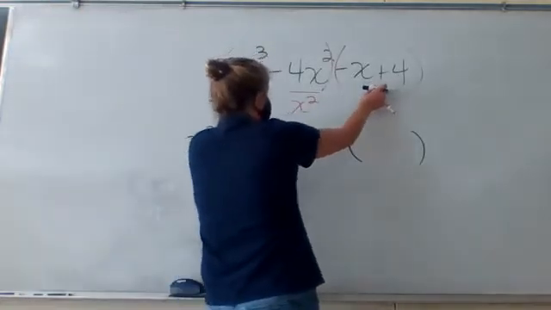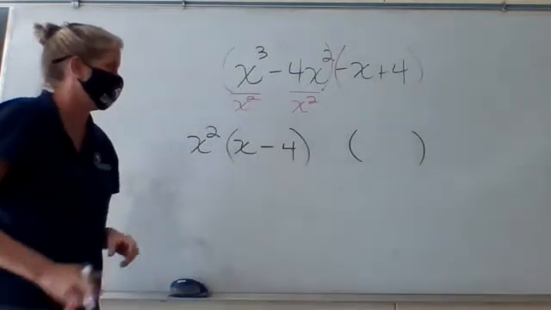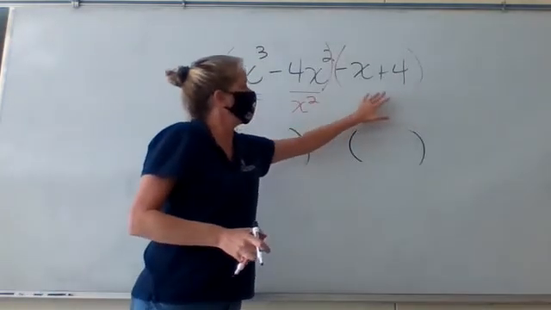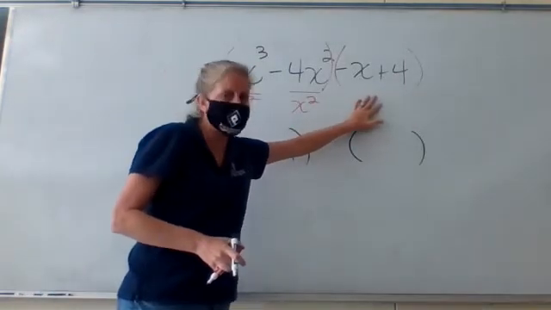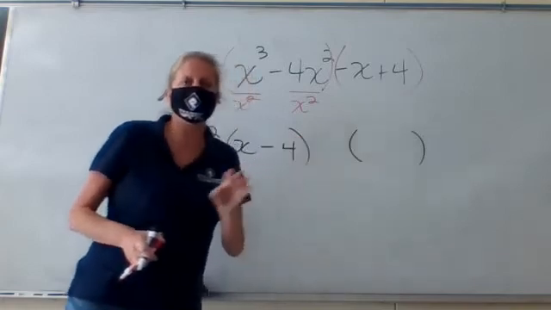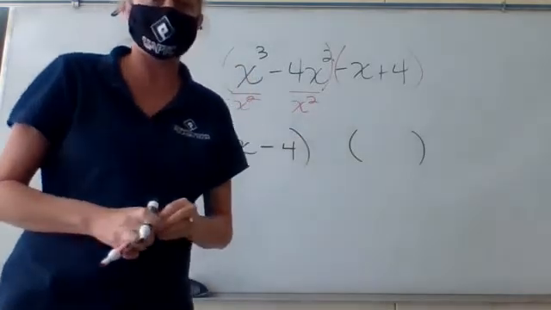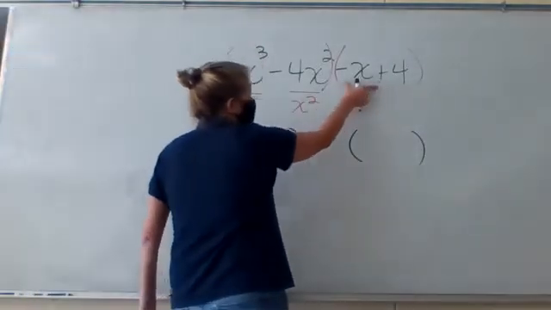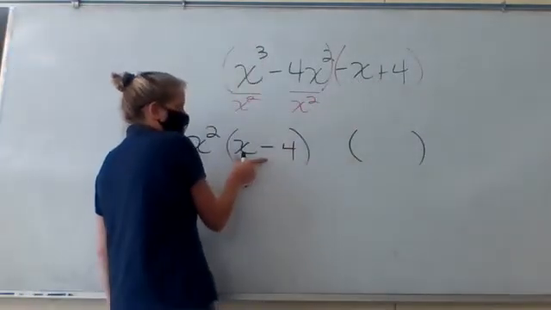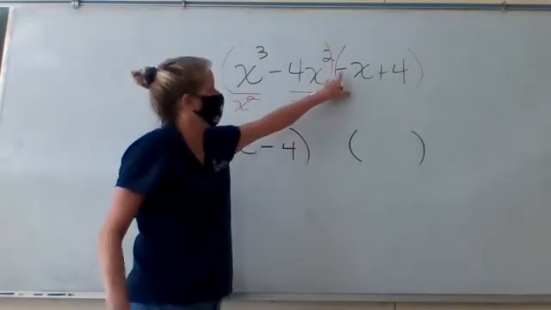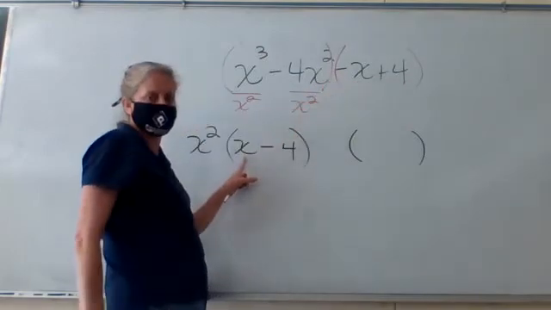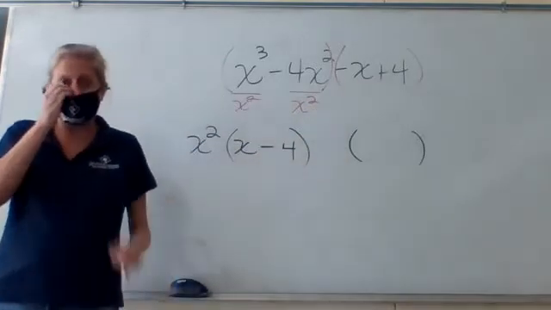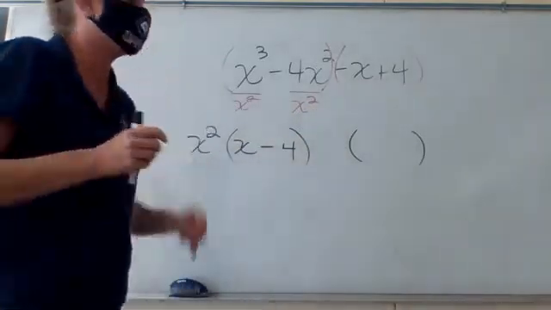If there's not anything in common, you're either going to pull out a positive 1 or a negative 1, depending on whether or not you need to change your signs. Do these signs need to change in order to match these signs? Well, they do, because I have a negative x, but I need a positive x. I've got a positive 4, but I need a negative 4, which means my signs need to change.